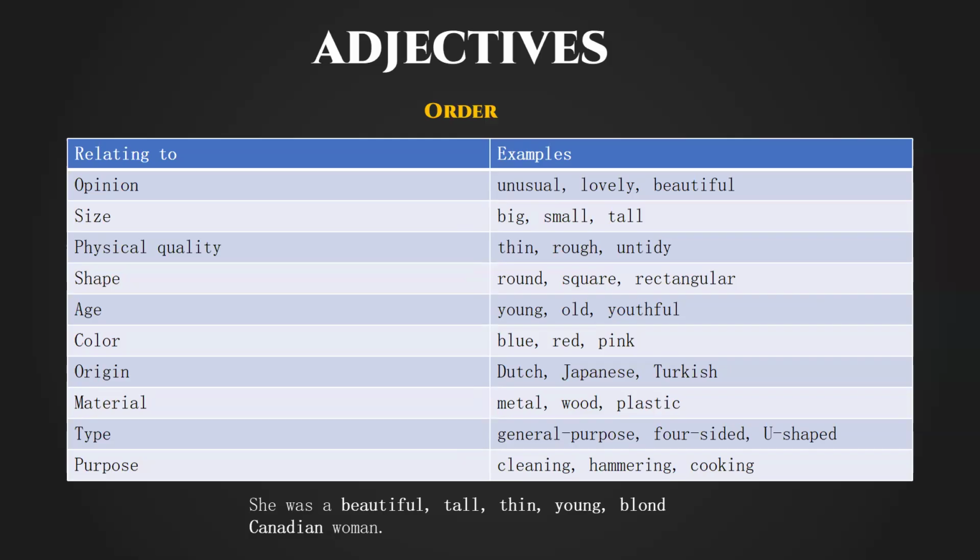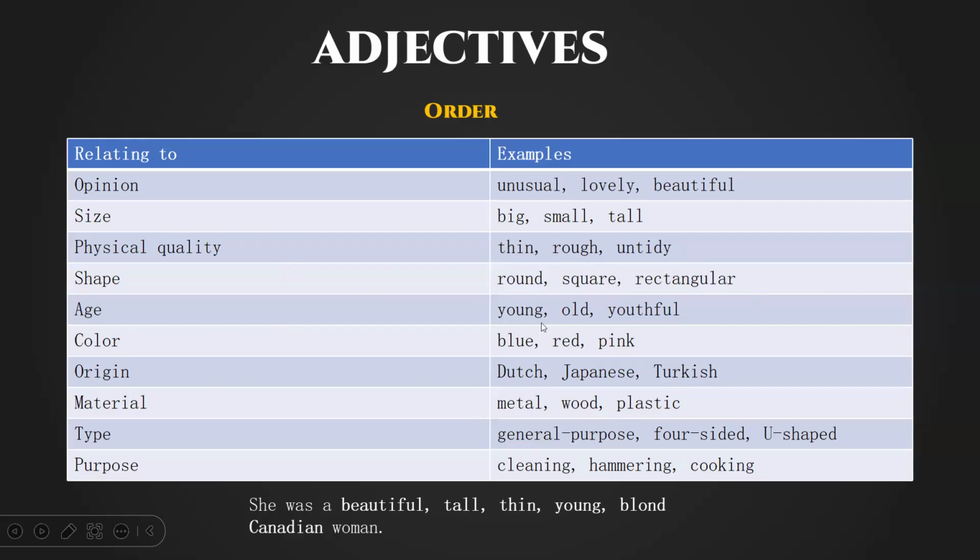Opinion. How you feel about something, your personal opinion goes first. Opinion like unusual, lovely, beautiful. Size can be big, small, or tall. Physical quality can be thin, rough, untidy. Shape can be round, square, rectangular.